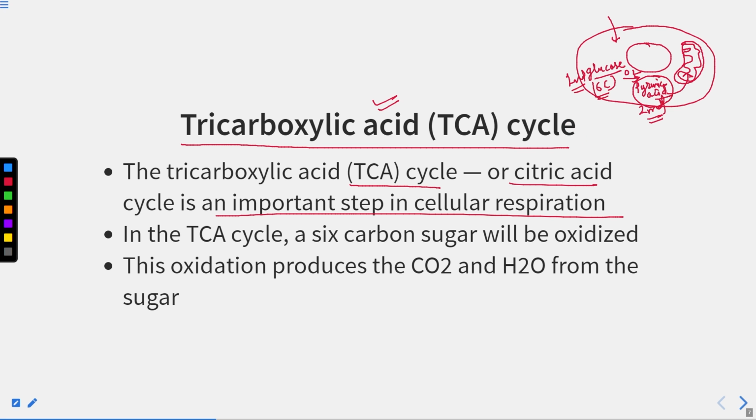So what is the source material for this TCA cycle? Pyruvic acid. And before entering the mitochondria, it is formed from glucose by the process of glycolysis. Glycolysis takes place in the cytoplasm. And this TCA cycle takes place in the mitochondria.